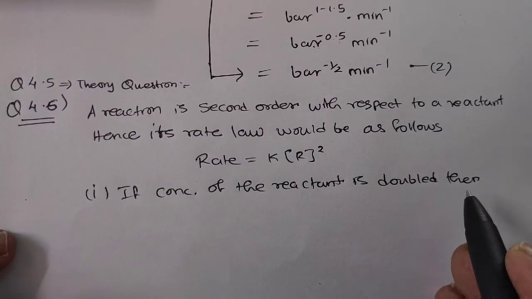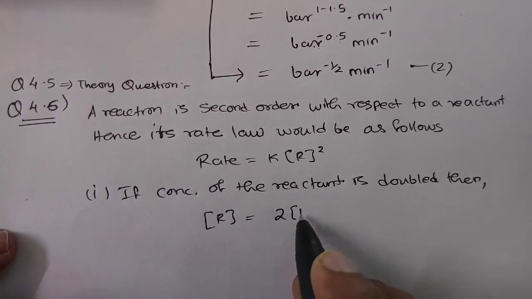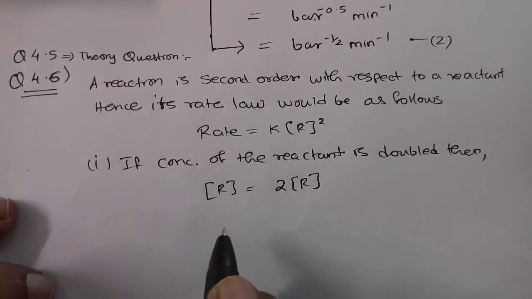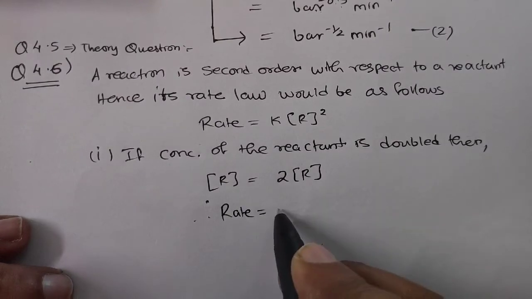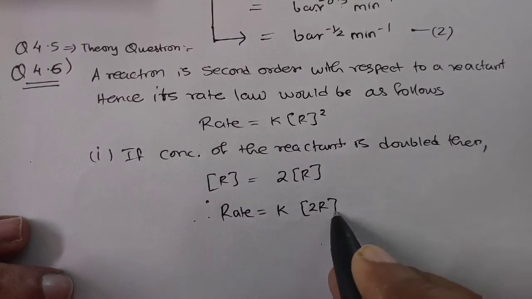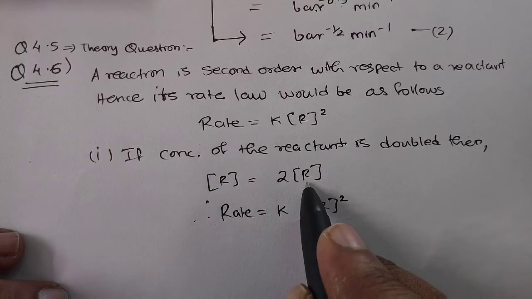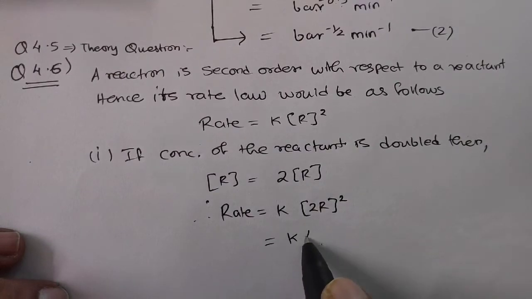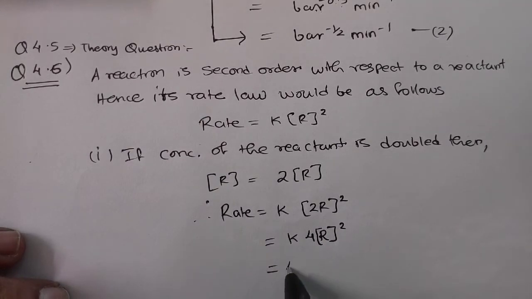If the concentration of reactant is doubled, then I can write that R will be equal to 2 times R. So therefore rate will be equal to K into 2R the whole square, which is equal to K into 4 R square, or 4K R square.